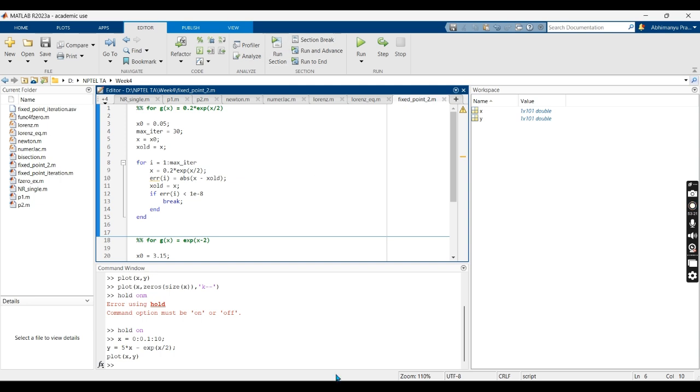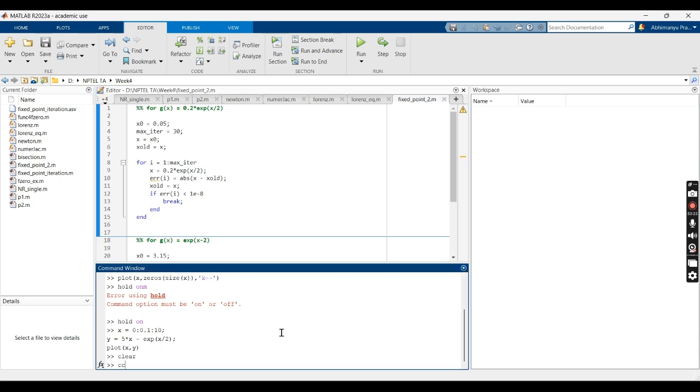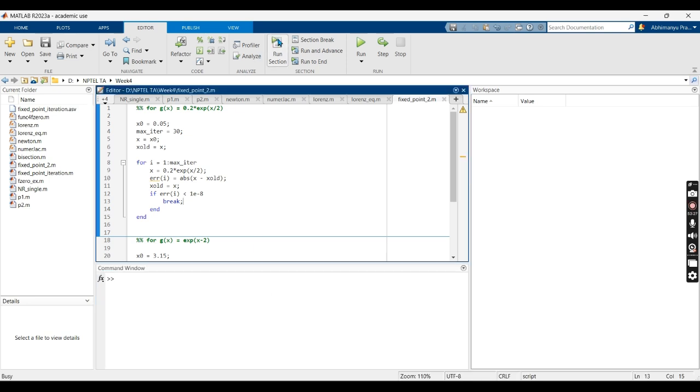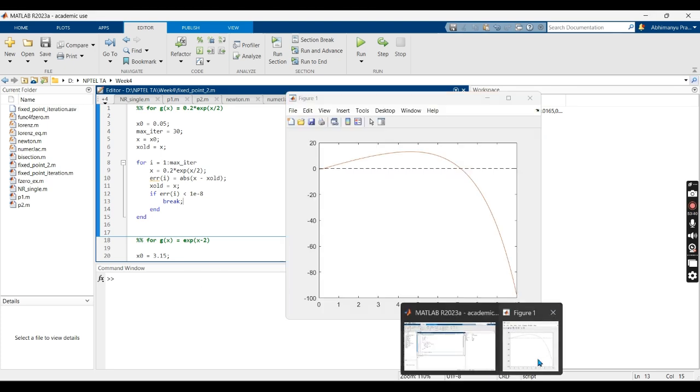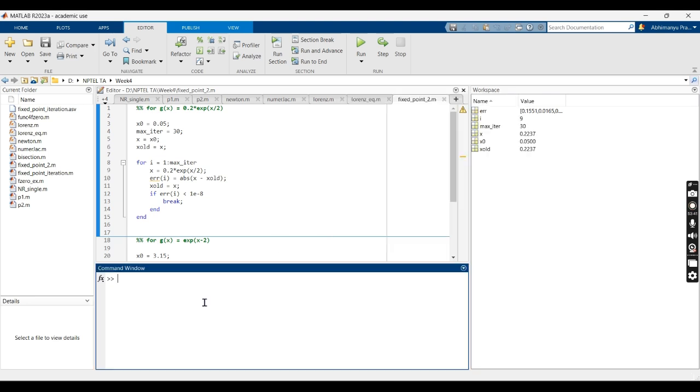So let us run the first part. So even after 9 iterations, it has converged to 0.2237. Okay. Let me plot that.